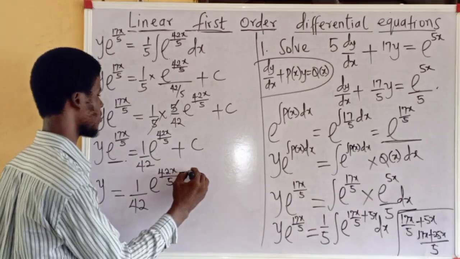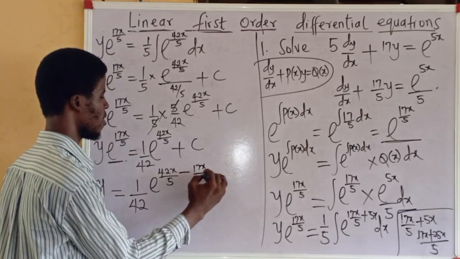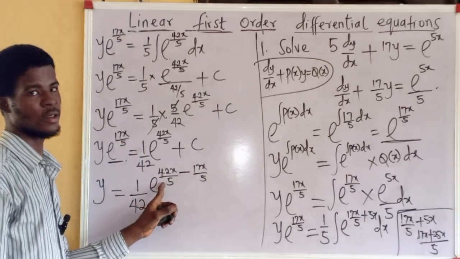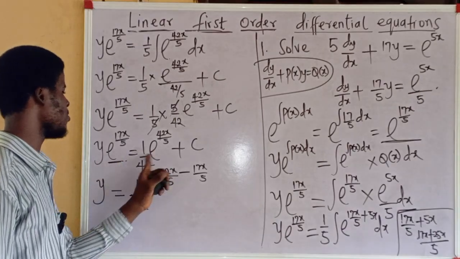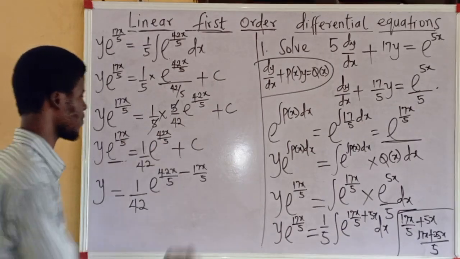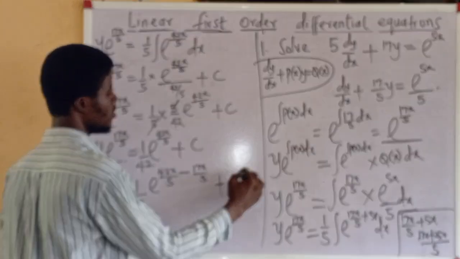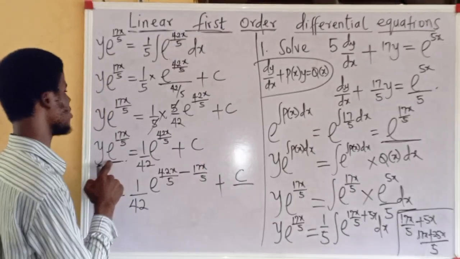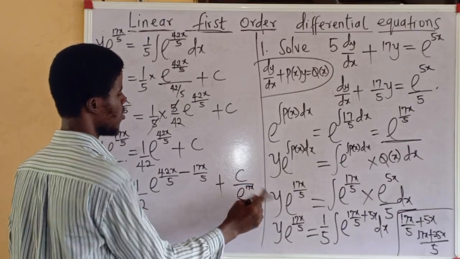I'll subtract 17x over 5 from this. You get the point? They are the same base. So divide this by this, take the base, then subtract their powers. Then this is plus c all over, I'm dividing c by this as well. E to the power of 17x over 5.